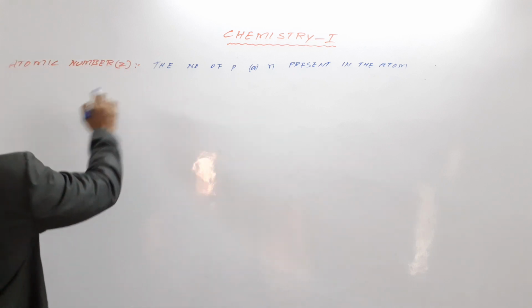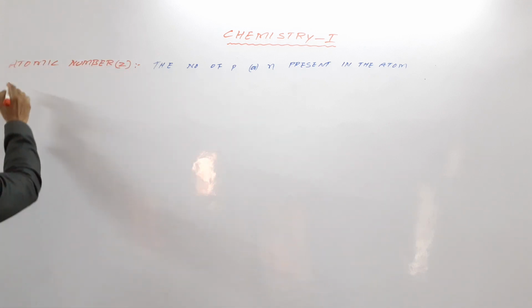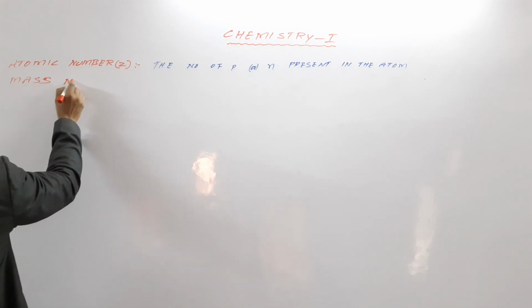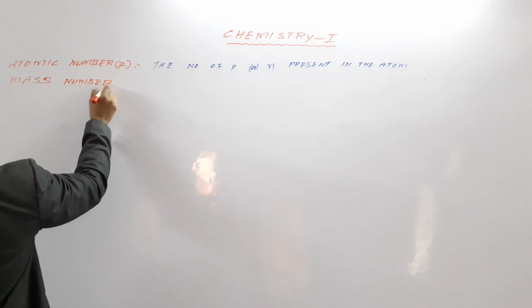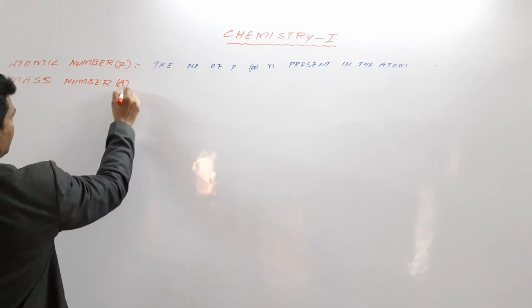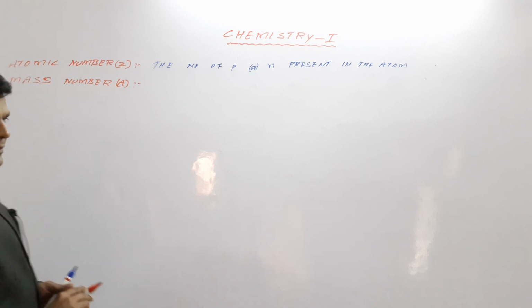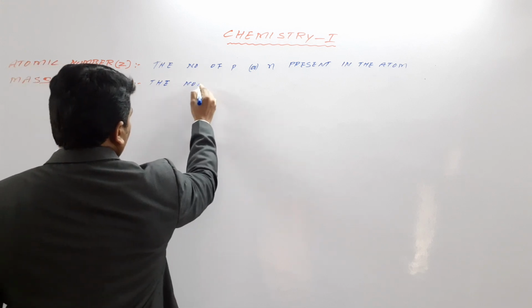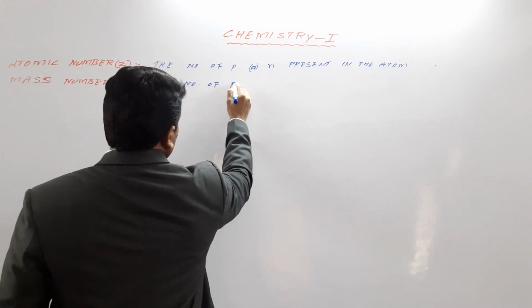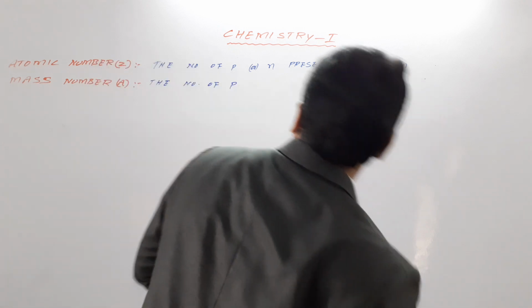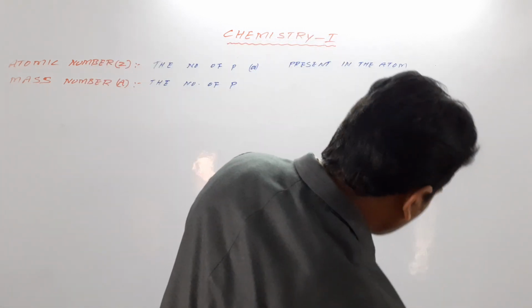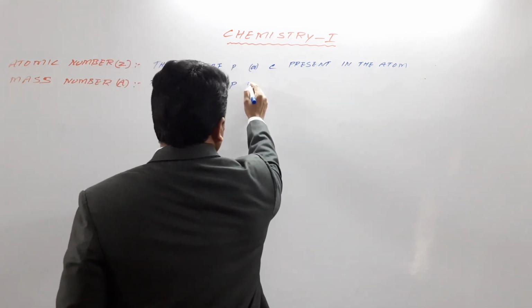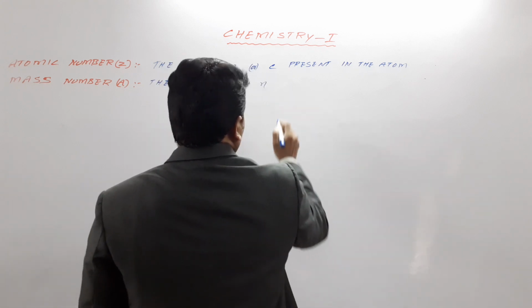Okay. Next you have to know mass number. Mass number is denoted by A. Mass number A is not the number of protons or electrons alone. Here it is the number of protons plus neutrons.